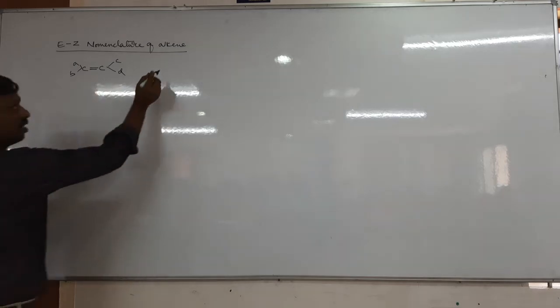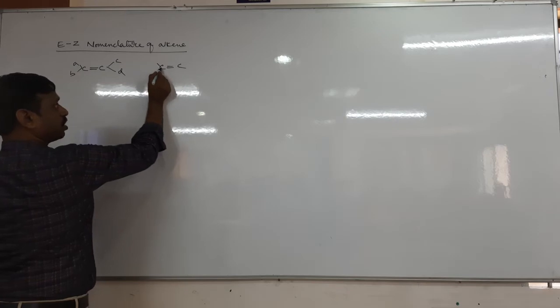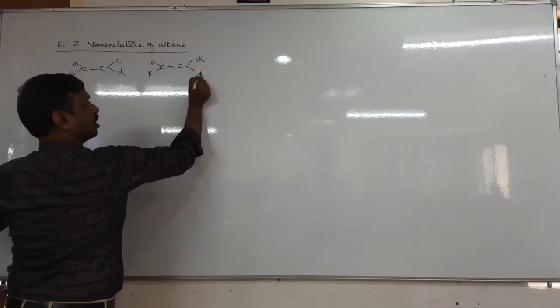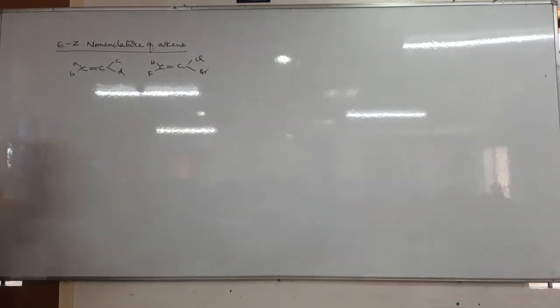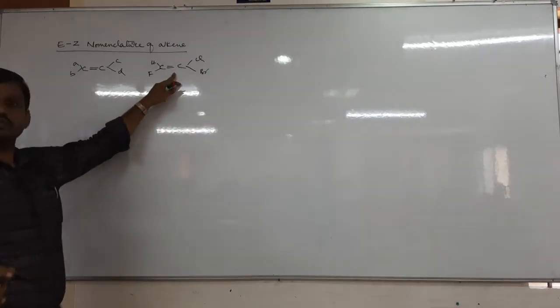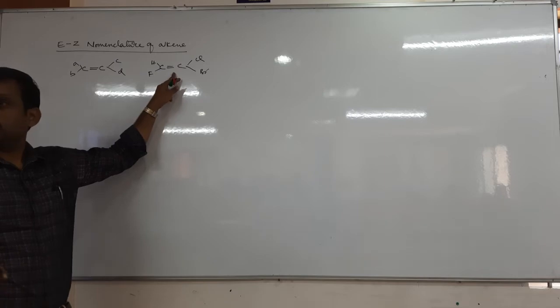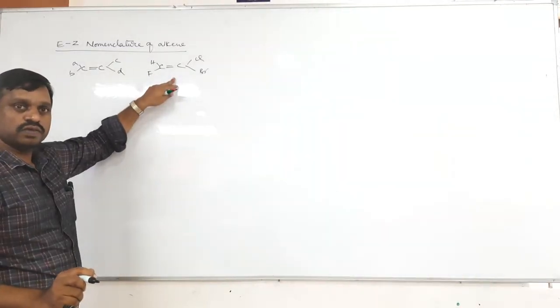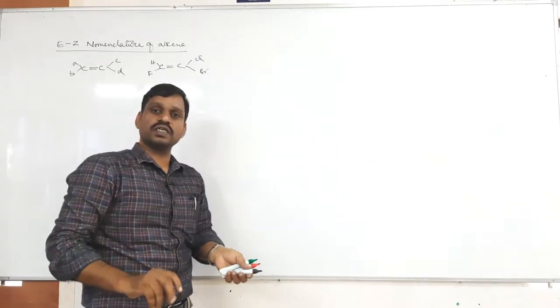For example, a double bonded carbon atom attached to hydrogen and fluorine on one side, and chlorine and bromine on the other. Tell me, can it exhibit cis trans geometrical isomerism? What is the condition for geometrical isomerism?